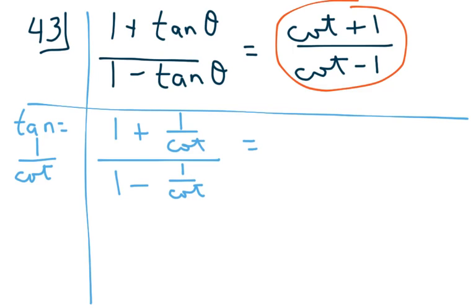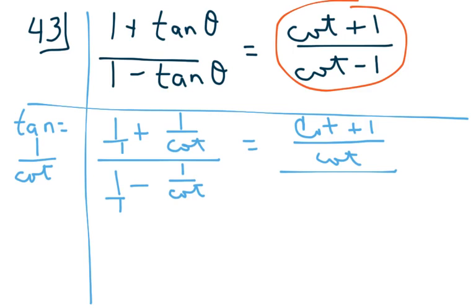Now I'm going to take each piece and write it with a common denominator. So my common denominator is cotan. So I get cotan plus 1 over cotan, because this is over 1.